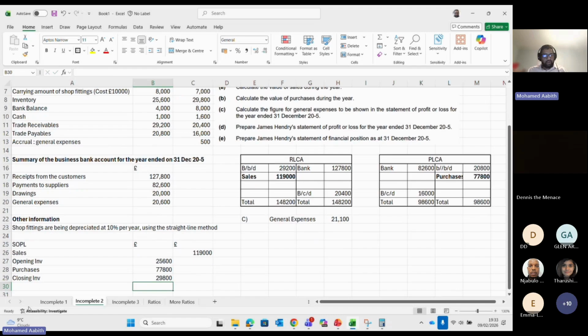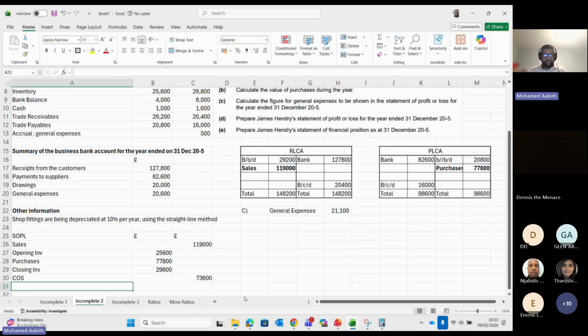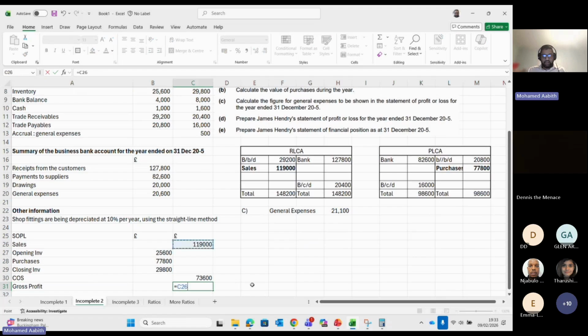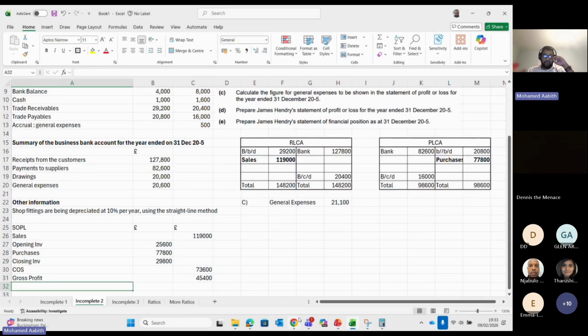So cost of sales is going to be equal to that plus that minus that figure, which will give you 73,600 pounds. So my gross profit is going to be equal to that minus that figure, which gives you 45,400 pounds. So we have that information now.